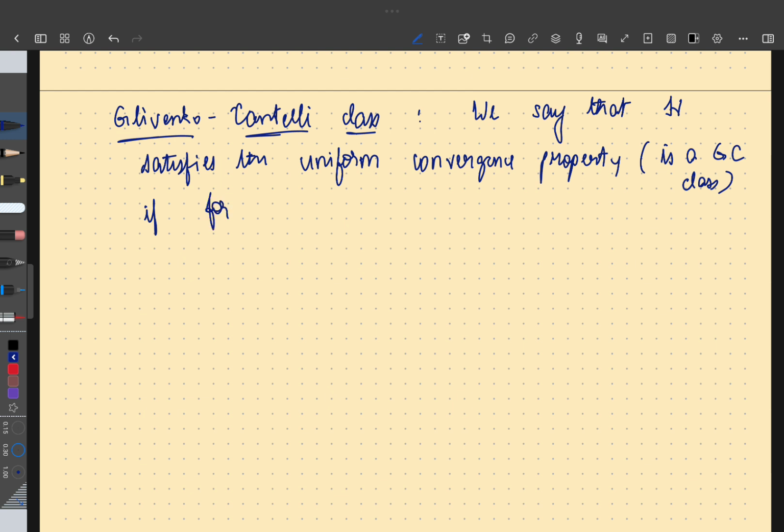So if for every epsilon and delta greater than 0, there is some finite but positive quantity, and we'll call this N_H^UC of epsilon comma delta. We use subscript H and superscript UC just to denote that it depends on the class H, and UC denotes uniform convergence.